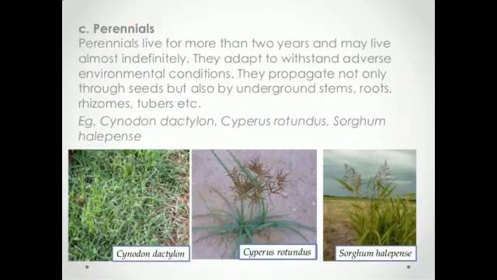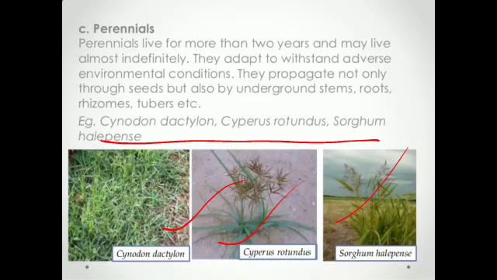Perennial weeds grow for more than 2 years depending upon the species. In the first year they generally do not produce seed but start seed production thereafter. They are capable of propagating by seeds, rhizomes, tubers, stolons, roots and suckers. For example, Sorghum halepense, Cyperus rotundus, Cynodon dactylon are examples of perennial weeds.